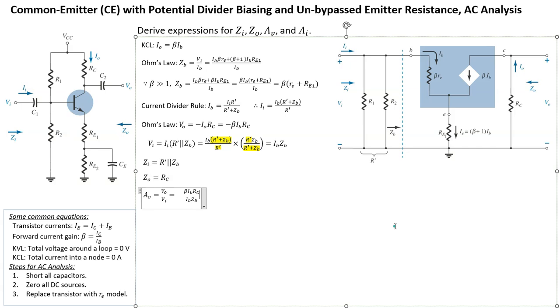So IB will cancel out with each other. And if you look at ZB, ZB actually has a beta term. So let's put ZB at the bottom there, and then we cancel out what can be canceled out.